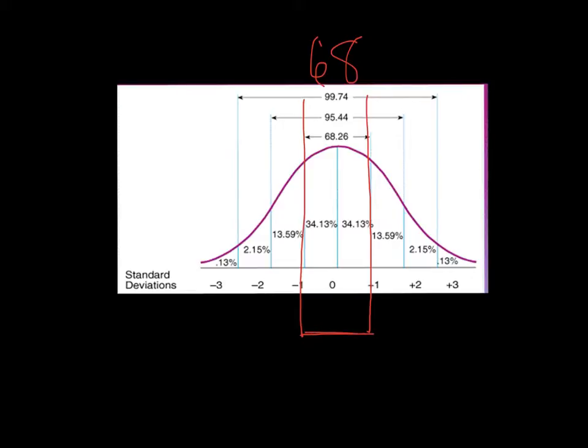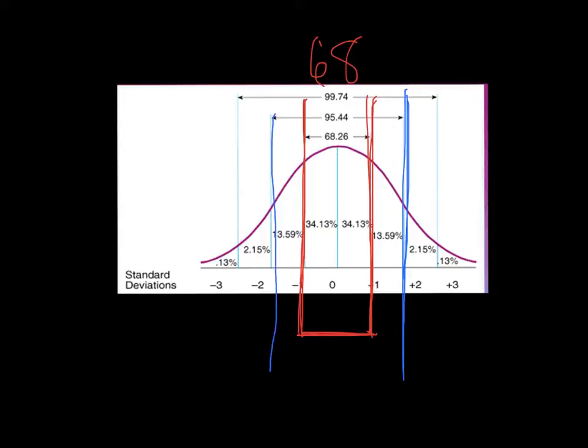Okay, so then we've got 68% of the data there. It's quite a bit. It's 2/3. Then, at the second standard deviation line, so in other words, 2 standard deviations above, right there, and 2 standard deviations below, right there.